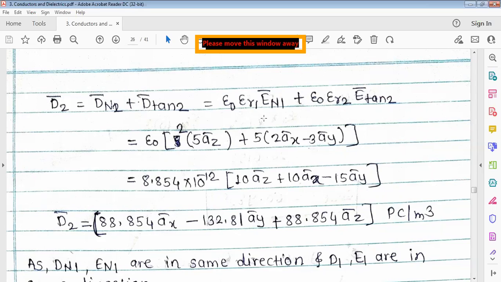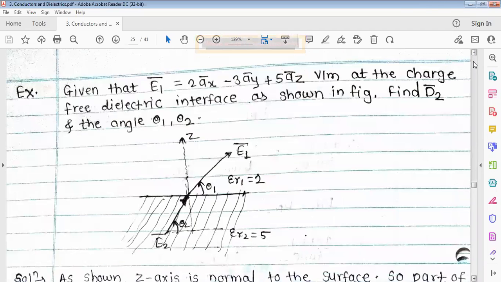Epsilon r1, the relative permittivity of medium 1, is 2, and the relative permittivity of medium 2 is 5.